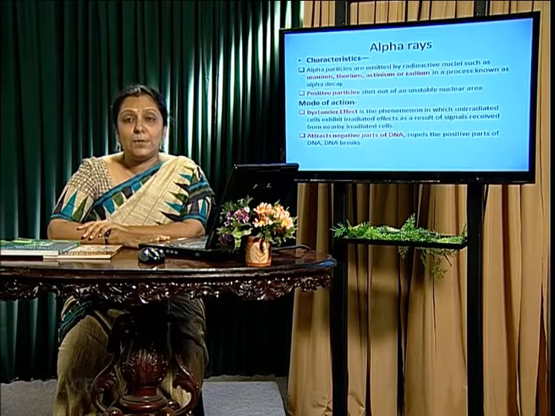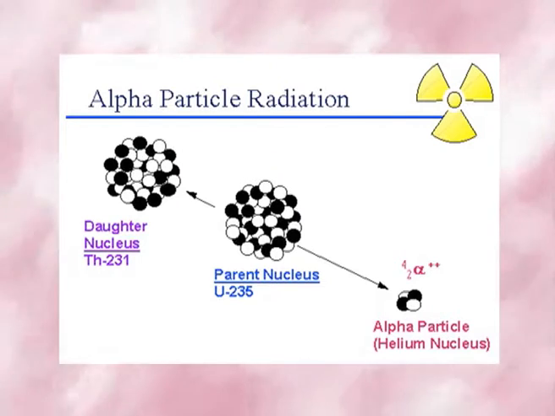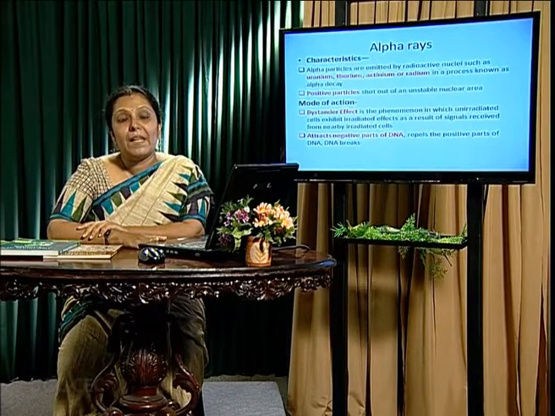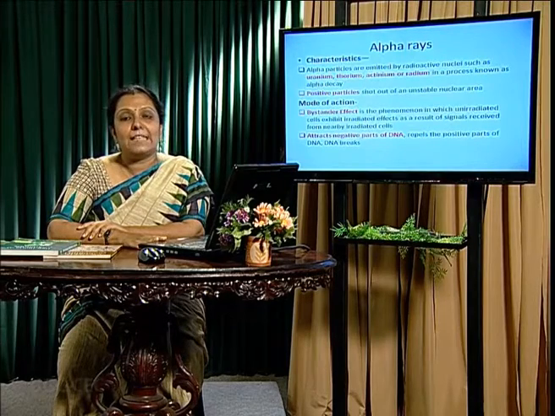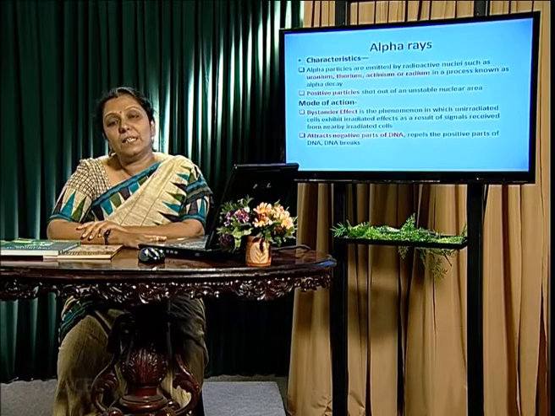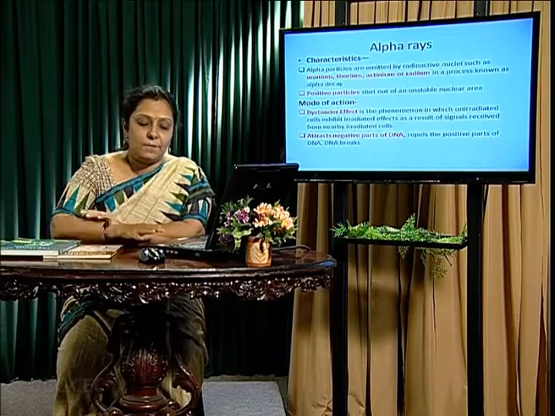As characteristics, we can say the alpha ray is a positive particle. They come from the unstable radioactive nuclei of radium, actinium, thorium, etc. And as mode of action, we can say it shows the bystander effect. That means unirradiated cells show the effect of irradiation from neighboring irradiated cells, and it actually repels the negative part of the DNA, causing DNA damage.